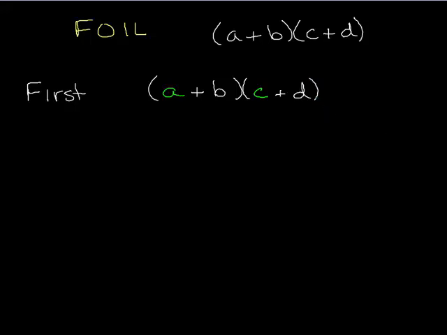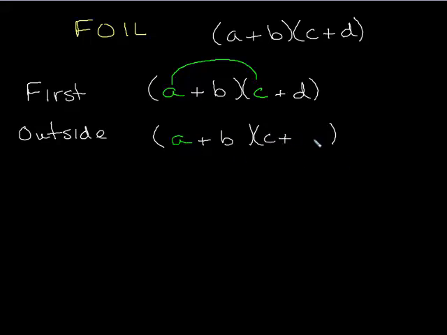So we multiply those two together first. Then you have outside, and our outside terms are the ones that are on the outside of the parentheses. So we have a and d. Those get multiplied together next.